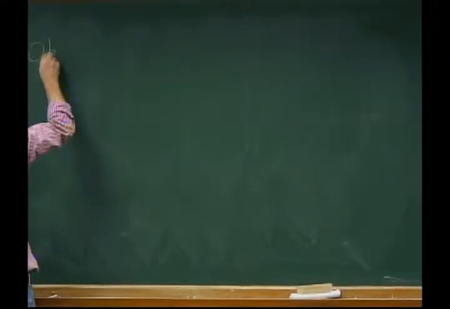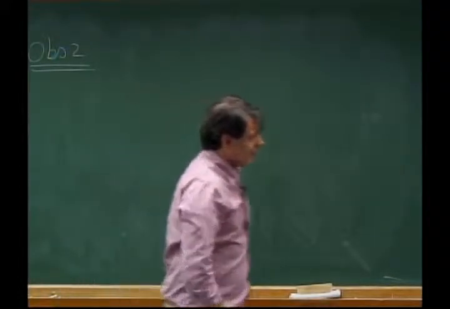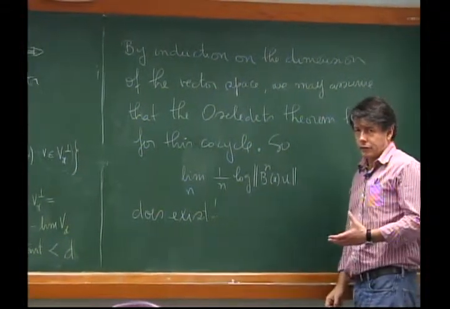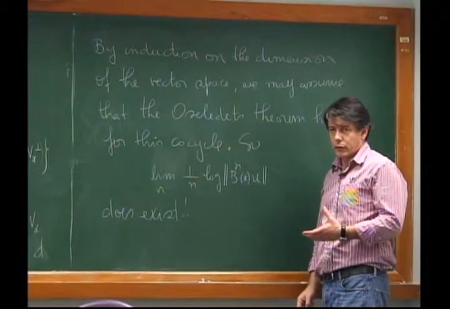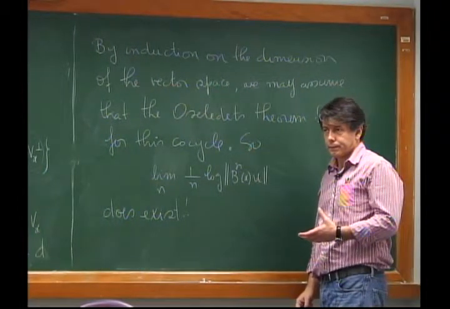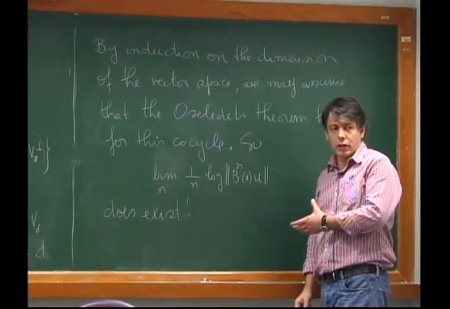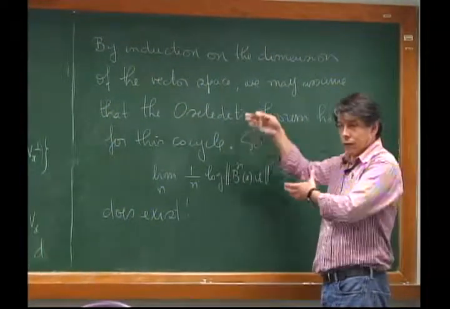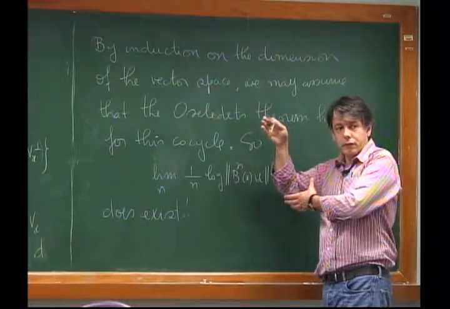The other observation is the following. We may assume that the Oseledets theorem holds for this cocycle. Well, the Oseledets theorem has assumptions on the cocycle. I have to check that those assumptions hold for this cocycle in order to be able to apply the Oseledets theorem.